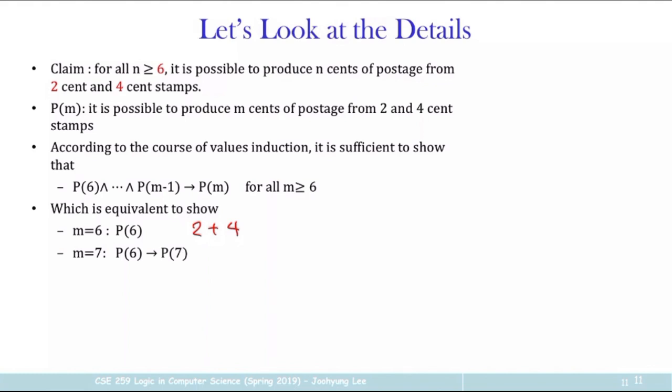Because we have 3-cent stamps. We don't have 1-cent stamps, so even if P of 6 is true, you cannot add a 2-cent stamp to create 7-cent postage, right? Even if somebody gives you 6-cent postage, adding 2 or 4-cent stamps there doesn't make 7-cent postage. This is false.